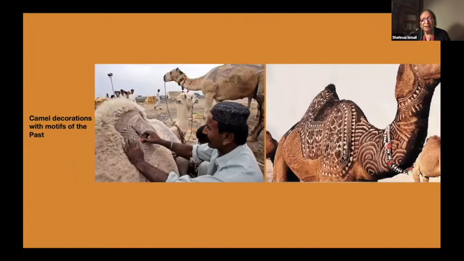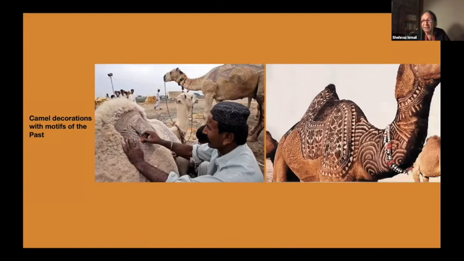This is again a slide, a picture to show you the art that can be created by using the camel. They are using a scissor to cut off the camel's hair and expose the skin, and then it's almost sculptural, the way he is working on the camel skin, and the motifs are age old, and this is being done even today.